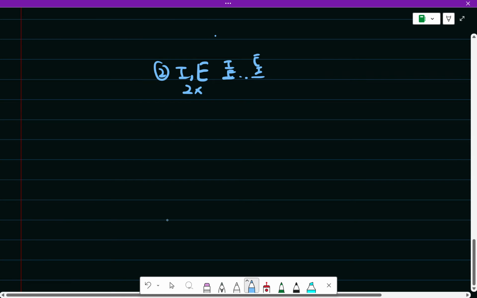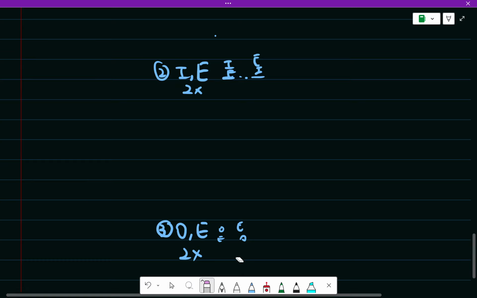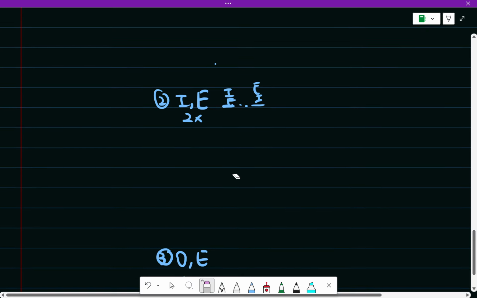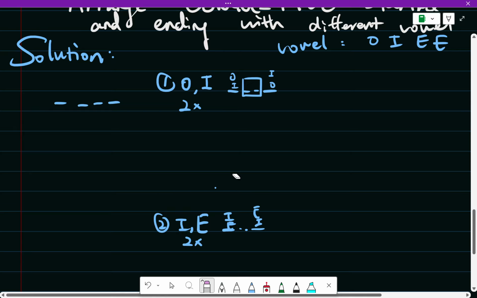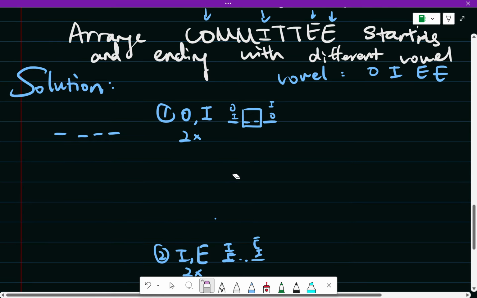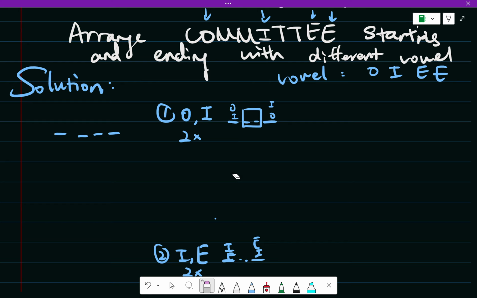And lastly, I can do OE, which is again, I can do OE or EO on the first and last position. So 2 possibilities for that as well. And since we need to start and end with different vowels, that means EE doesn't work out. So by doing these, we already considered the vowels.